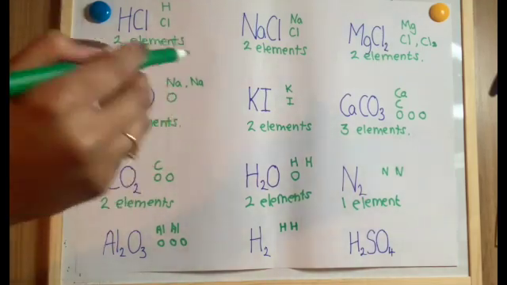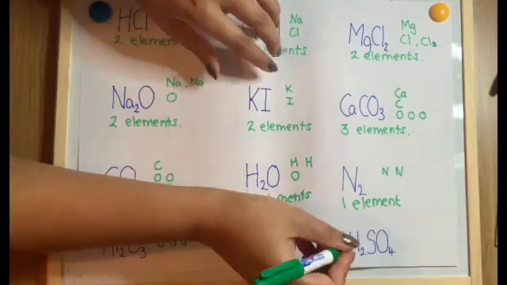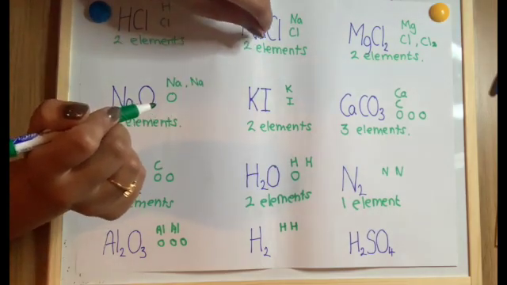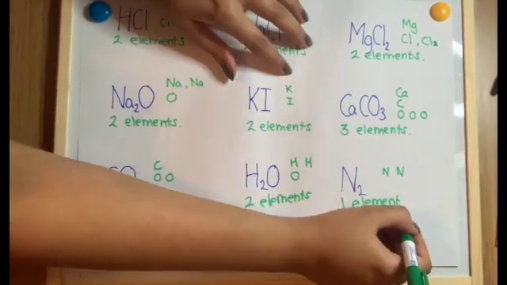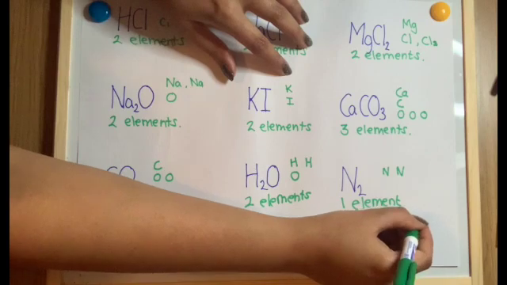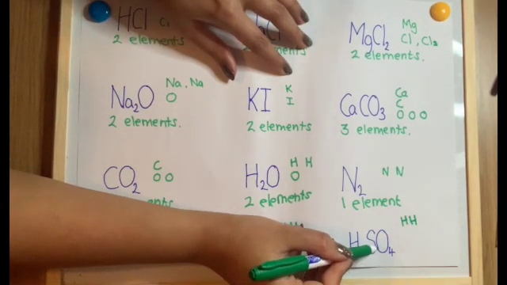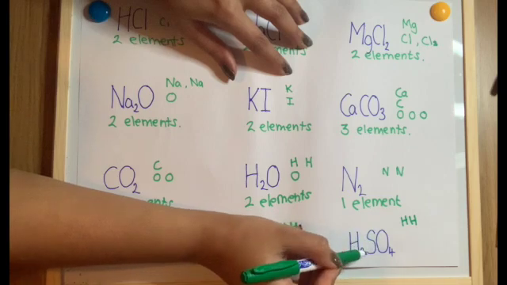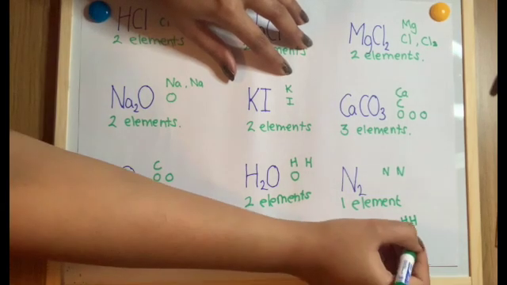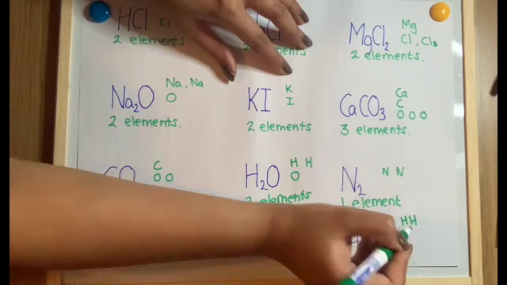And then lastly, over here, I've got H2SO4. So H2 means I have 2 H's. Now that's a capital S with no lowercase after it. So that S is by itself, which means I've got 1 S, which is 1 sulfur.